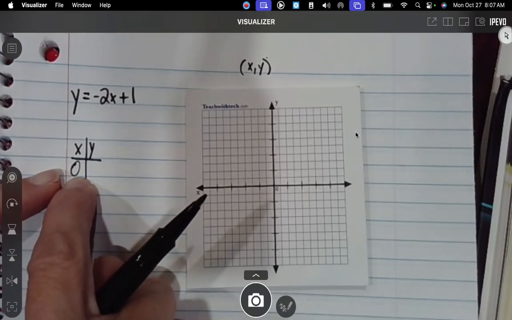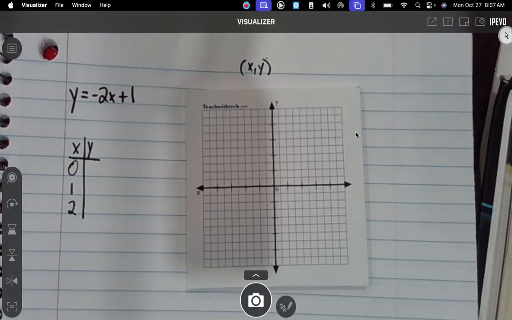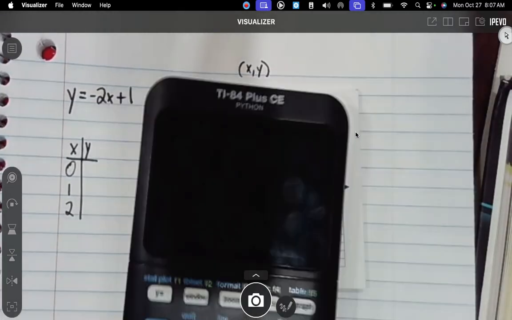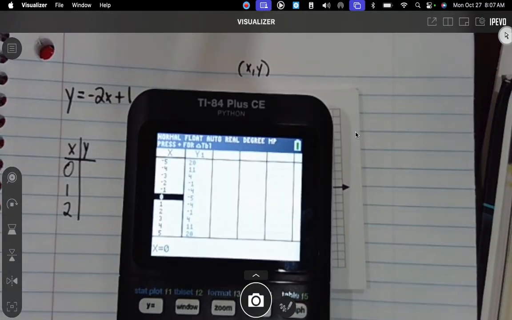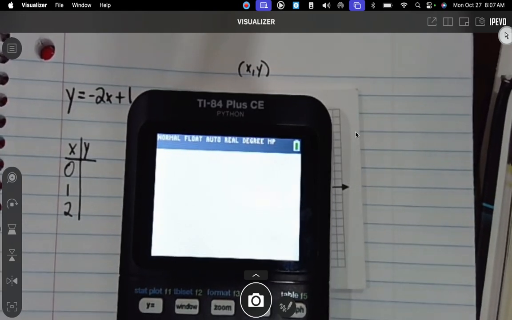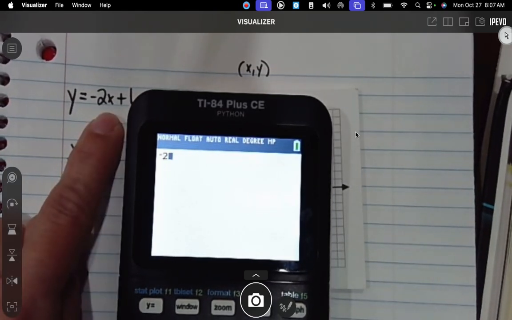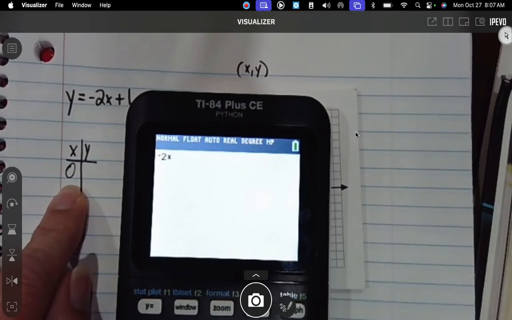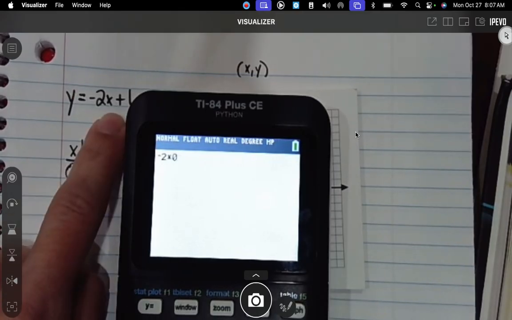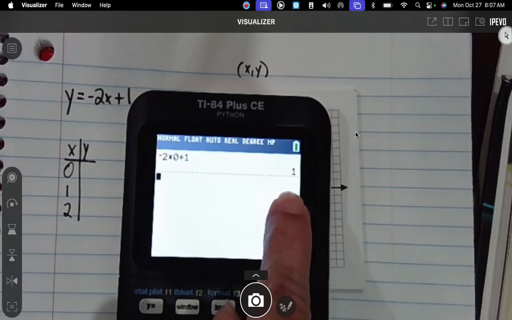And if you're terrible at math, you're using a calculator, okay? Because we have graduated to calculator usage. So I will plug in -2, what did I say is next? Times 0, then what? Plus 1. And what's my answer? 1.